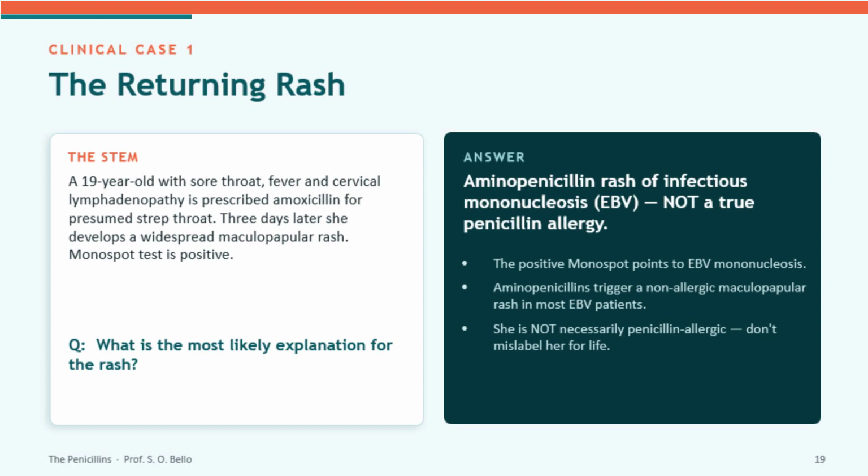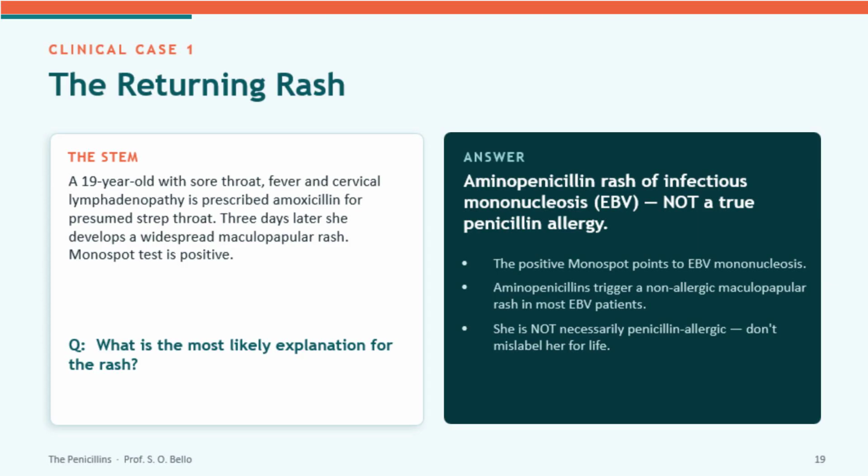The question is, what's going on with that rash? Pause and think before I answer. The key is the positive monospot, which tells us she actually has infectious mononucleosis caused by Epstein-Barr virus, not strep throat.